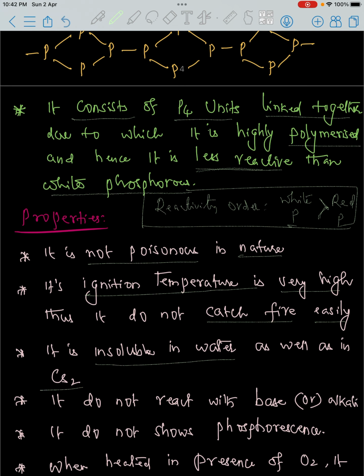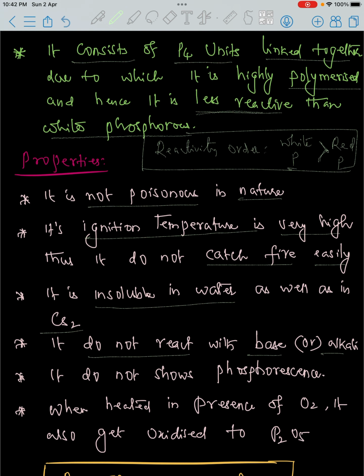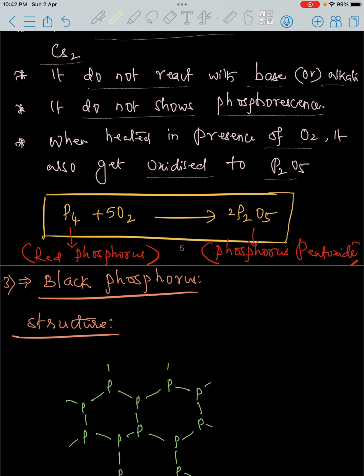It does not react with base or alkali, whereas white phosphorus reacts with alkali and gives phosphine gas. Red phosphorus does not show phosphorescence. When heated in the presence of oxygen, it also gets oxidized to P2O5. This property is the same for white and red phosphorus, and the reaction is the same.